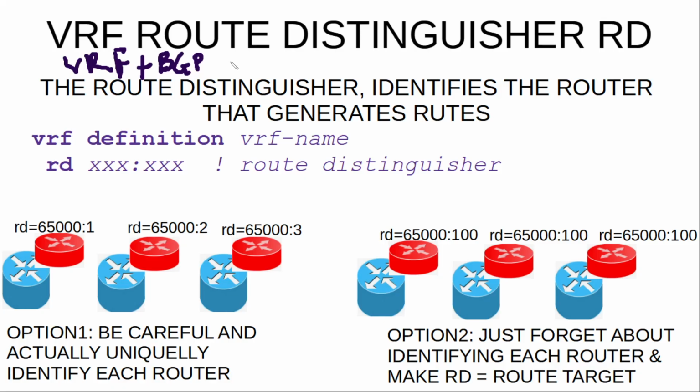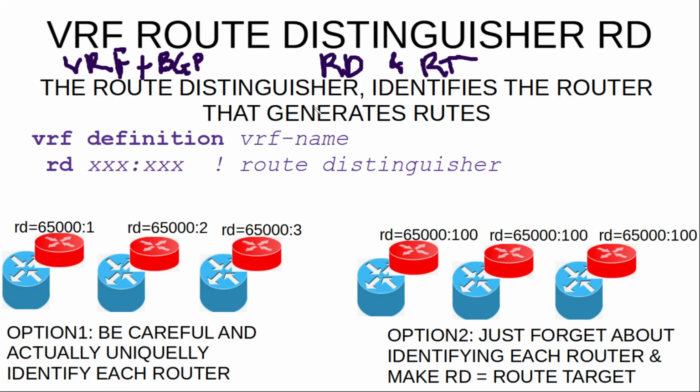You can start doing some more complex and fun things with your VRFs. But before doing that, in order to start playing with this very good combination that is VRF Lite with multiprotocol BGP, you have to do two things. Configure something that is known as the route distinguisher and configure something that is known as the route target.